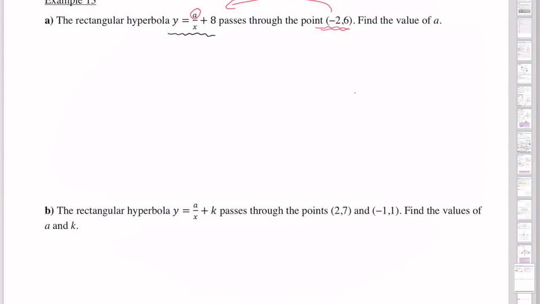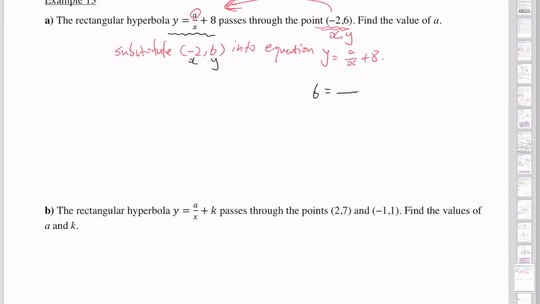For a coordinate pair, we follow x and y, so my x is equal to -2 and my y is equal to 6. So we substitute -2, 6 into the equation y equal to a over x plus 8. This is my x, this is my y, so 6 is equal to a over -2 plus 8.